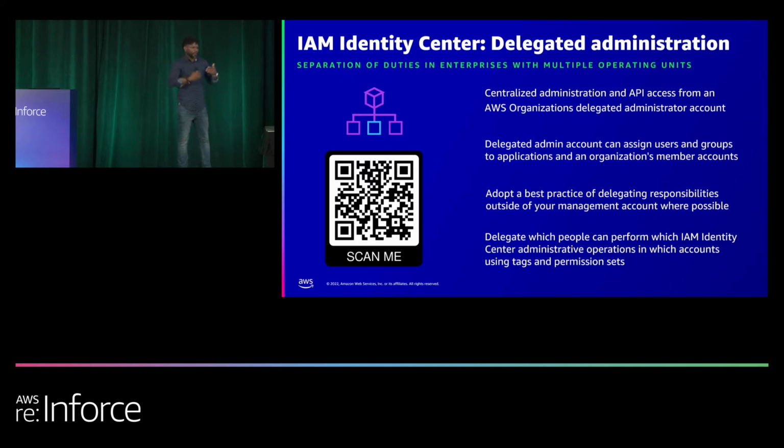Getting into the nitty-gritty of how that works is a little bit beyond the scope of this talk, but it is certainly possible to determine which people can administer what groups with IAM Identity Center using various very comprehensive delegation models based on AWS Organizations and tagging. If you scan this QR code here, it will take you to a blog post that gets into a lot of detail about how you can accomplish that.